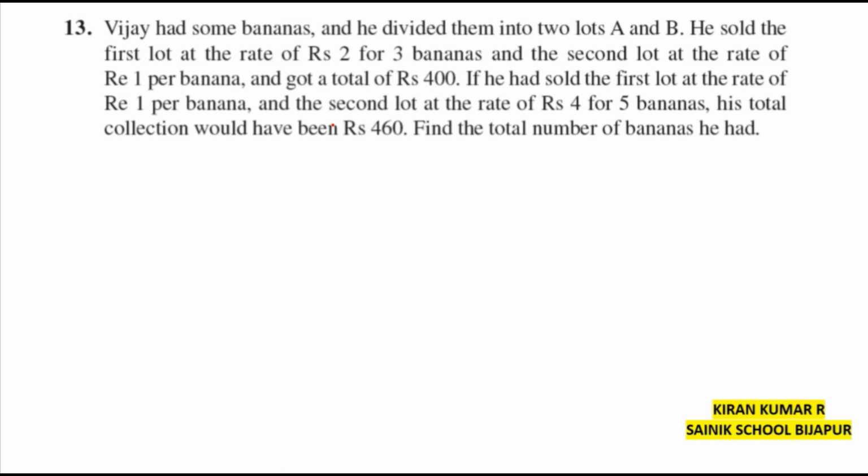If he had sold the first lot at the rate of rupee 1 per banana and the second lot at the rate of rupees 4 for 5 bananas, his total collection would have been rupees 460. Find the total number of bananas he had.